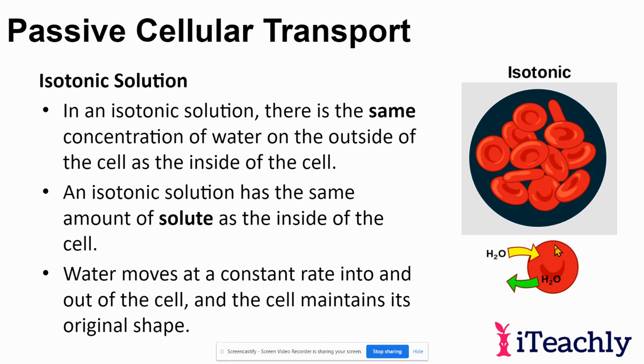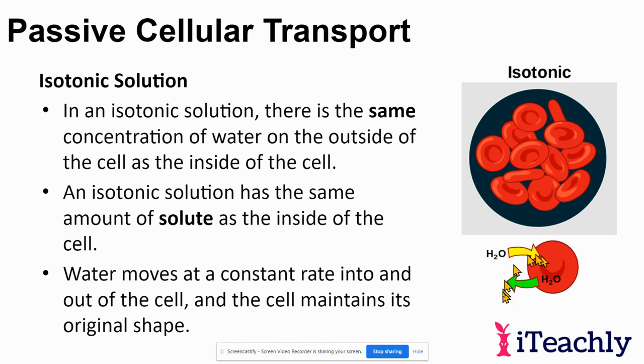An isotonic solution is really where you want to be. You don't want your cells to take on water, and you don't want them to lose water. Under normal conditions they are isotonic, because your cells are healthy. That means there's an equal amount of water outside and inside the cells.